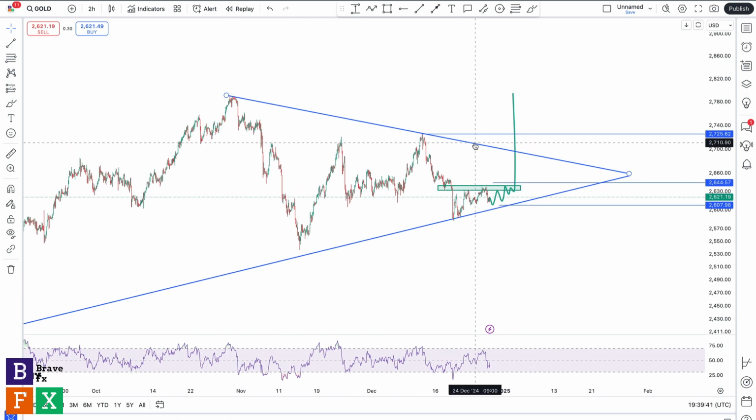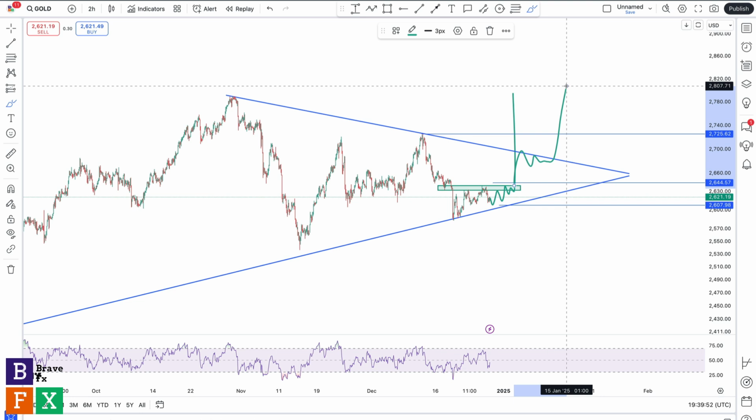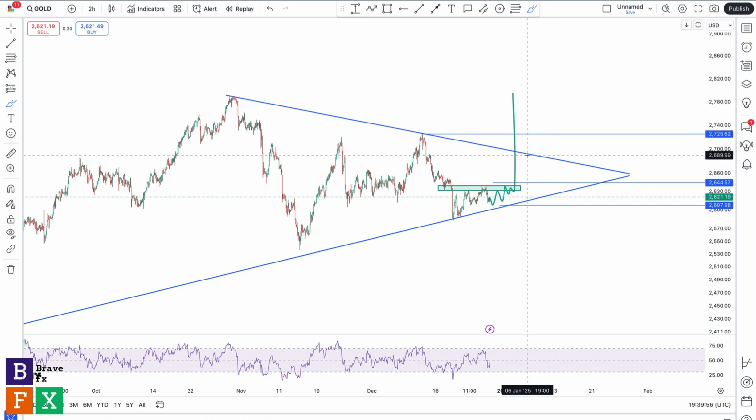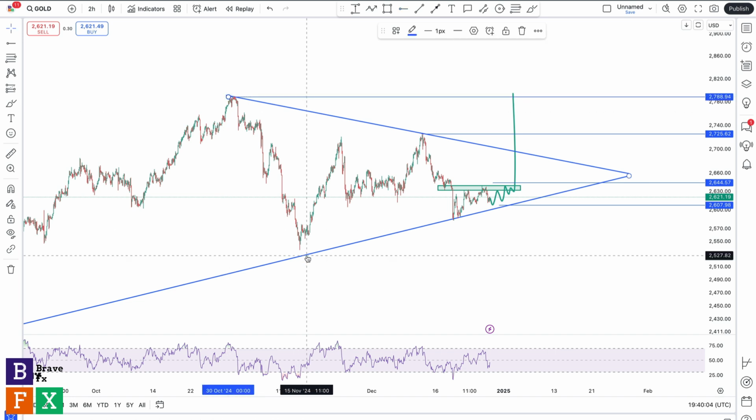The first take profit target will be this trend line, because price is obviously probably going to come up, retest, and probably consolidate a little before breaking higher if the intention of the market is to head higher, right? So that's why this trend line is going to be the first target. Second target is going to be these highs, which is an area of resistance, and third target will be around these highs. So this is my bullish case scenario for gold.